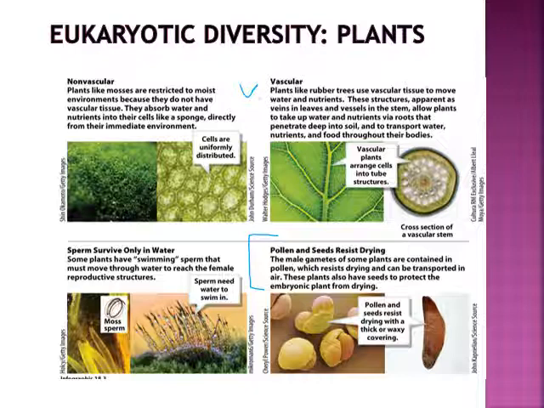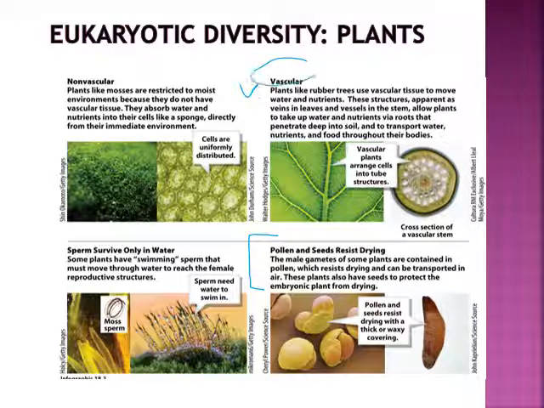Non-vascular means that essentially they're in water, right? So these are like mosses, and they can only be in moist environments because they don't have this vascular tissue. So they're able to absorb water and nutrients into their cells just like a sponge. So they get it directly from their immediate environment, which is why they're pretty much at ground level, and they're essentially soaked in water to begin with, which is how they're getting the water.